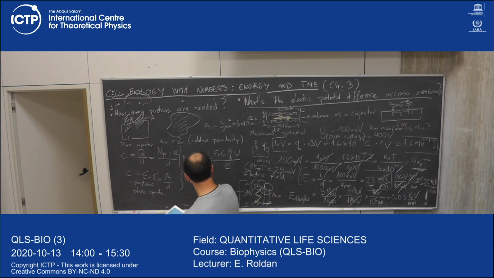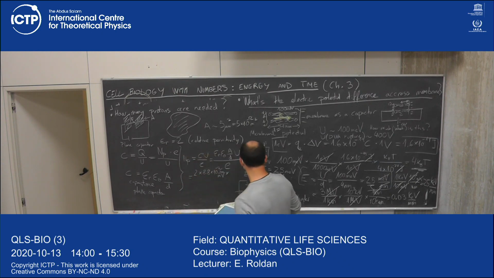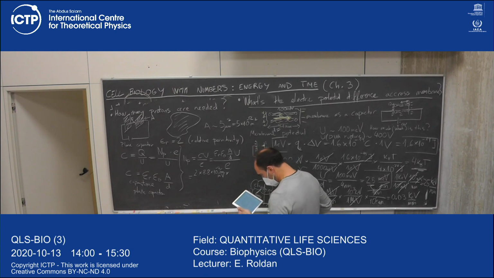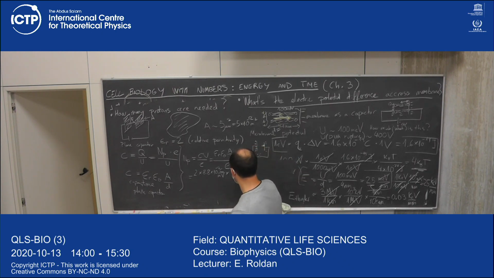So this becomes epsilon r is 2, epsilon 0 is 8.8 times 10 to the minus 12 coulombs per meter volt, times the area, 5 times 10 to the minus 12 meters squared.